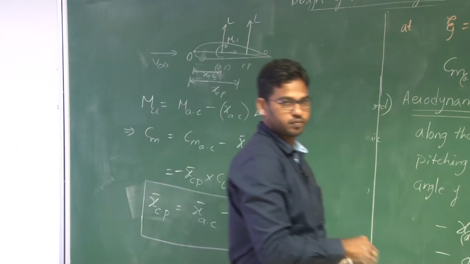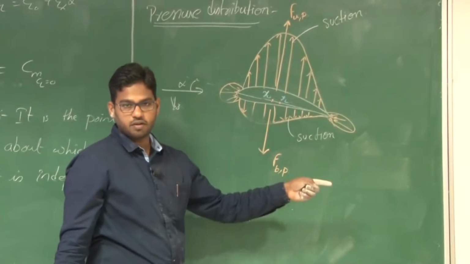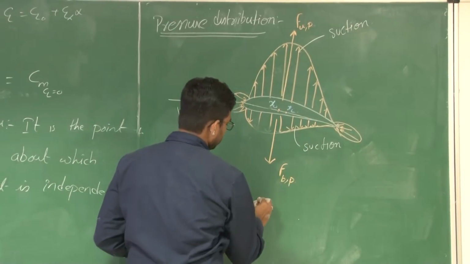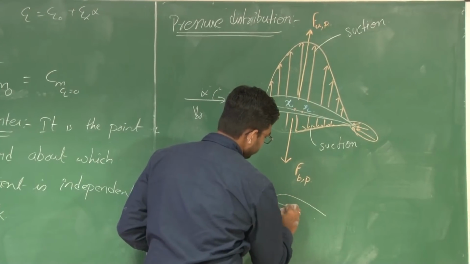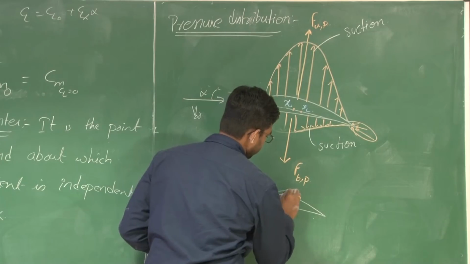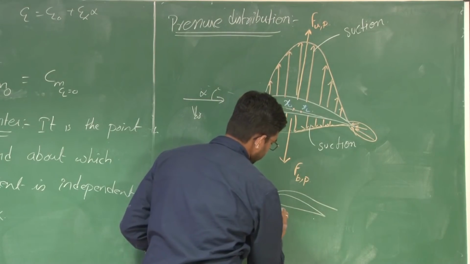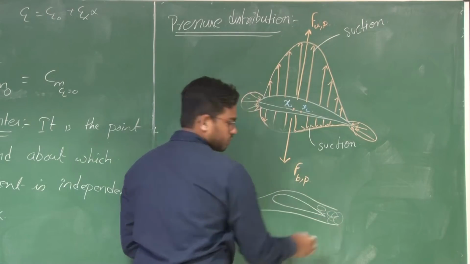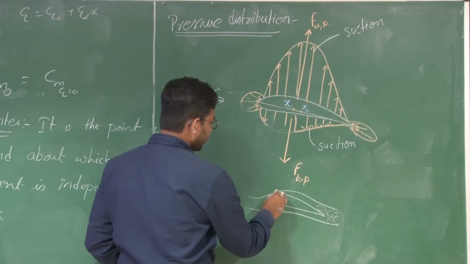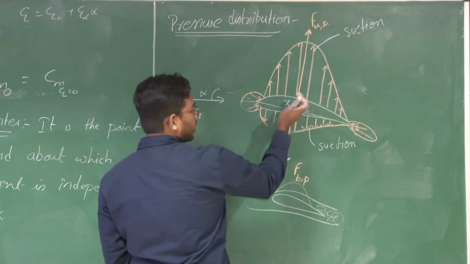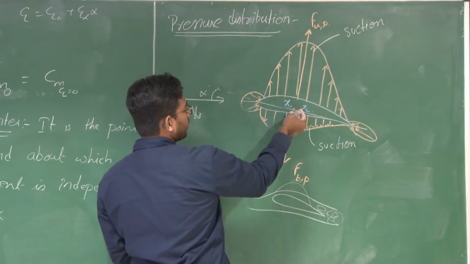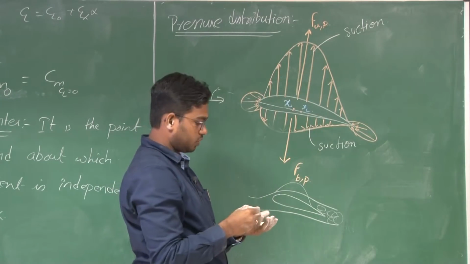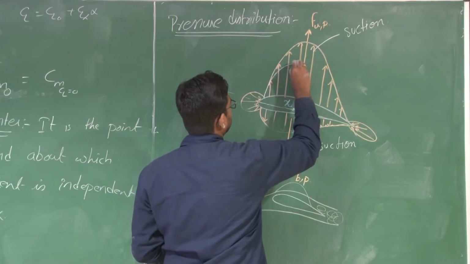Let us see why. Let us assume this is for when the flow is completely attached. As you go to higher angles of attack, the flow may not remain attached here. That means the effective pressure distribution will be for a smaller area on this side. So the resultant pressure will act somewhere at the centroid of that part.